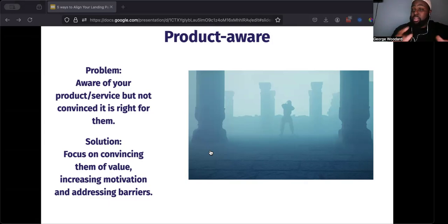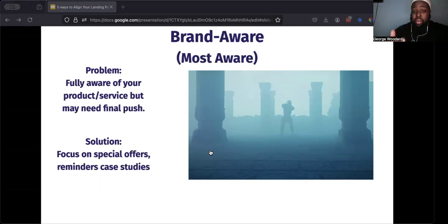Once they have reached that point, they're at the last phase, brand aware, which is the most aware. Basically, they're fully aware of your product and service, and they just need the final push. In this case, special offers, case studies, testimonials, the social proof aspect of it, reviews on Capterra, on Google, whatever.